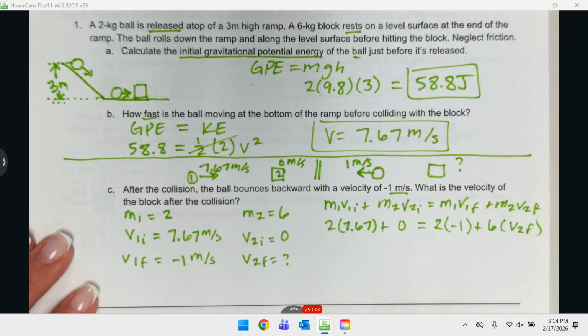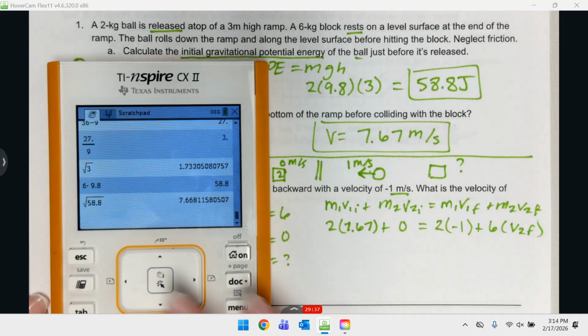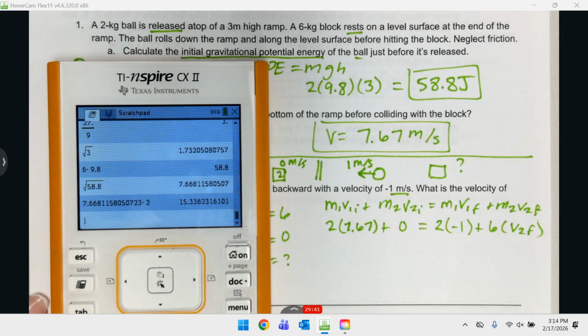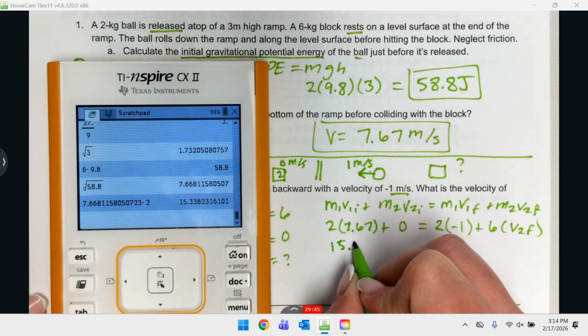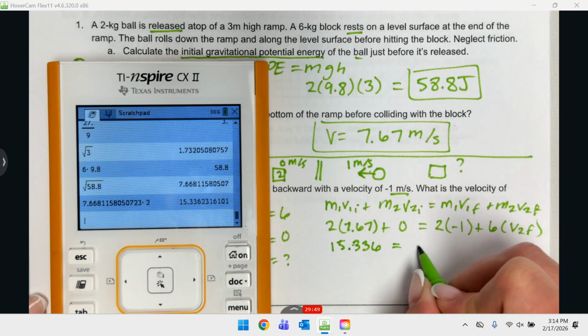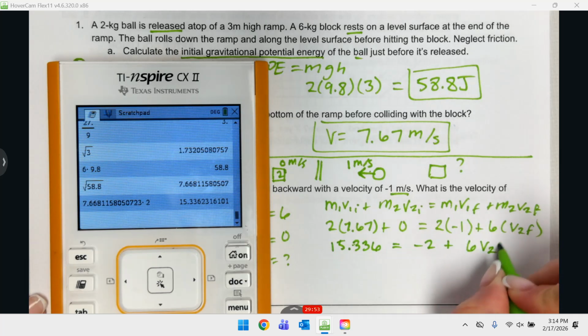So that is your substitution step. I'm going to use the whole value from my calculator, so I'm just going to take my answer and multiply it by 2. That gives me 15.336 equals -2 plus 6 times V2F.